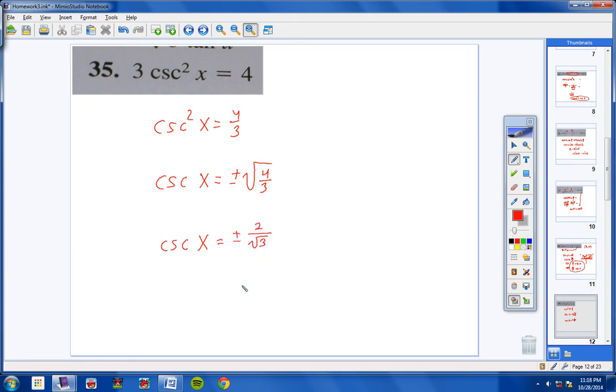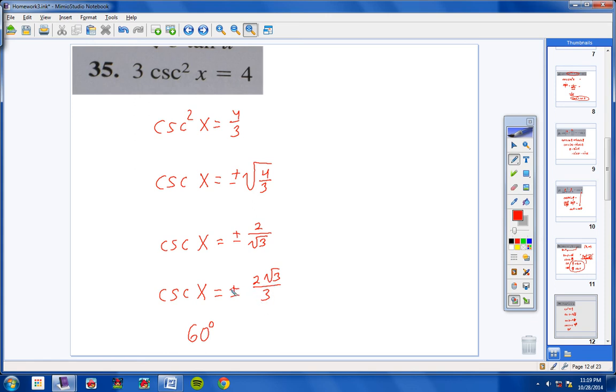Okay, now that gives us plus minus 2 square root of 3 over 3. Okay, now think about it. If you look at your table, this is one of our special angles here. So if you look on your table, you're going to see that when you take the cosecant of 60, that's when you get 2 square root of 3 over 3.